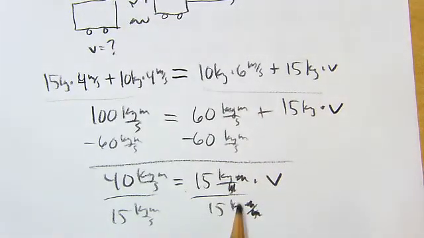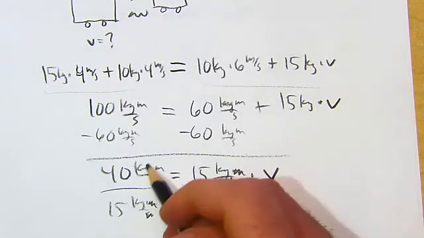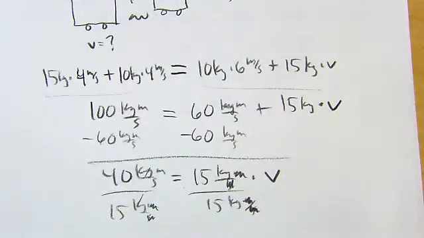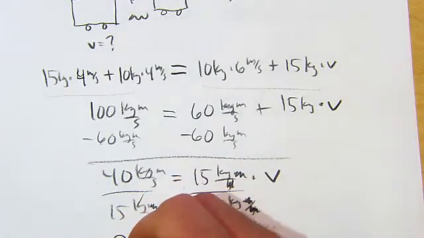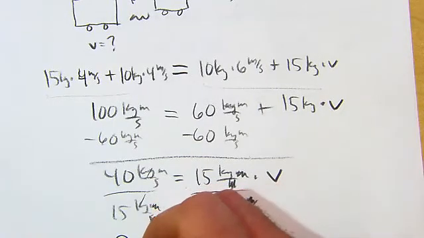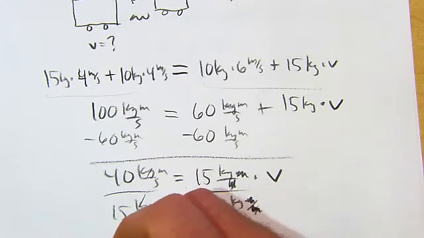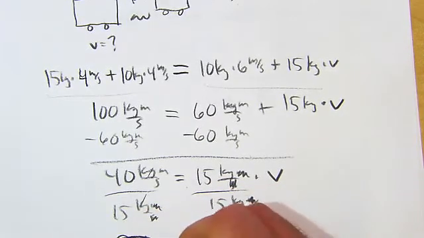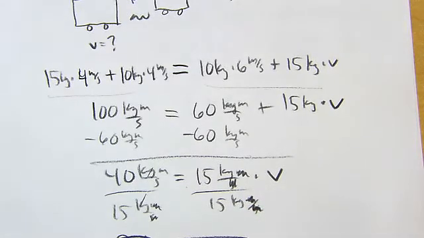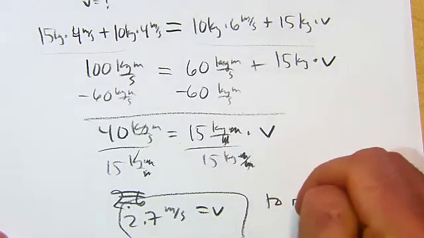So we divide each side by 15 kilograms. The kilograms cancel. So 40 over 15, what's that? 2 and 2/3, I believe. 2.67 or 2.7, I'll say, meters per second equals V. So what that means is it's actually going to the right.